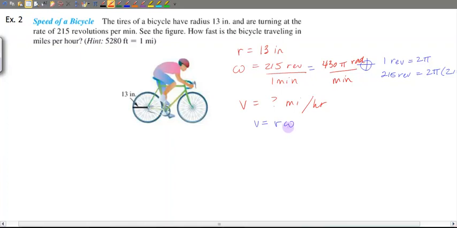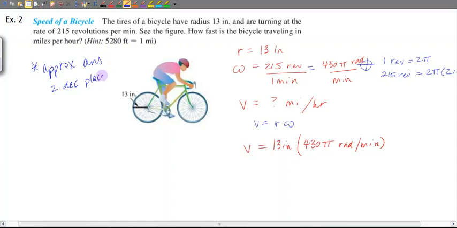Something that we're going to need to do though, and we can do this, well, let's go ahead and use the formula first. So I know that velocity is the radius, which is 13 inches, times the angular speed of 430 pi radians per minute. And I didn't state this, let me state it now. I want an approximate answer to 2 decimal places.